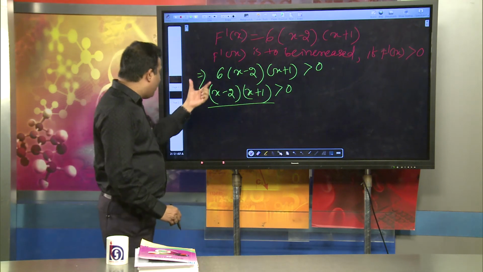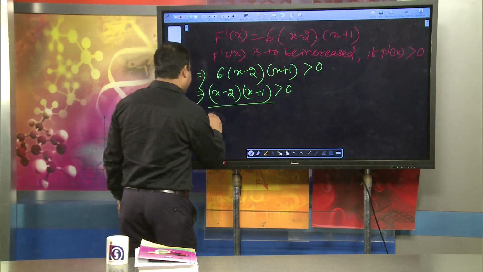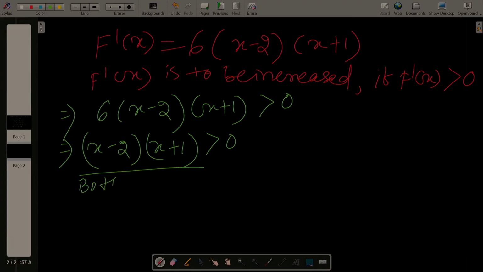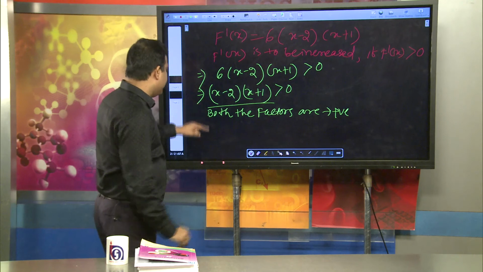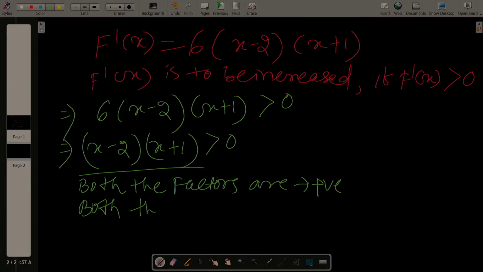We know that the product of two factors will be positive if both the factors are either positive, or both the factors are negative.